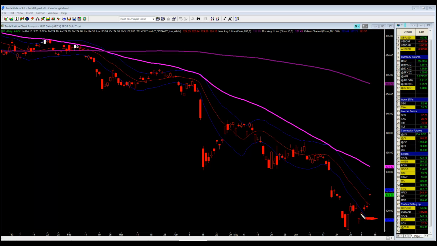I sold the puts that expire this Friday, so I'm collecting premium on that. I just wish I was net long instead of just selling the puts, but at least I'm making something on it.